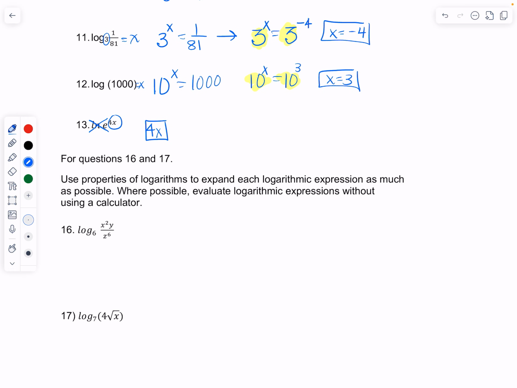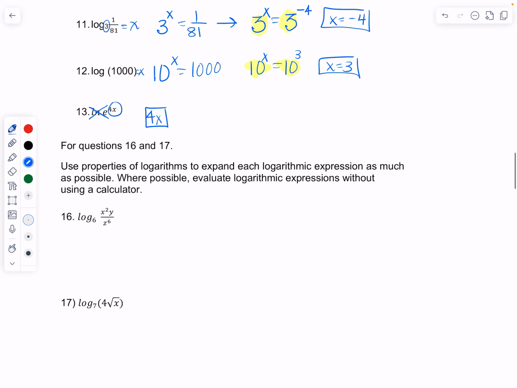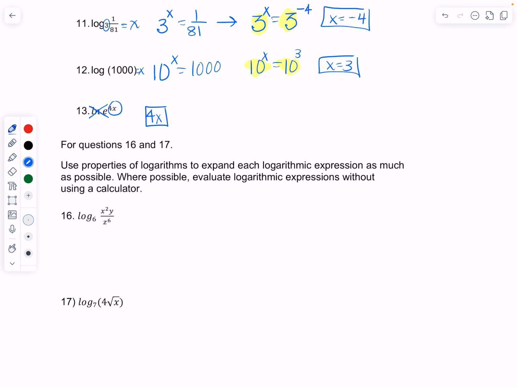For questions 16 and 17, use the properties of logarithms to expand each logarithmic expression as much as possible. Where possible, evaluate logarithmic expressions without using a calculator. Okie dokie. So if I'm going to expand this out, the major thing here is division. So I'm going to write this up as log base 6 of x squared y minus log base 6 of z to the 6th.